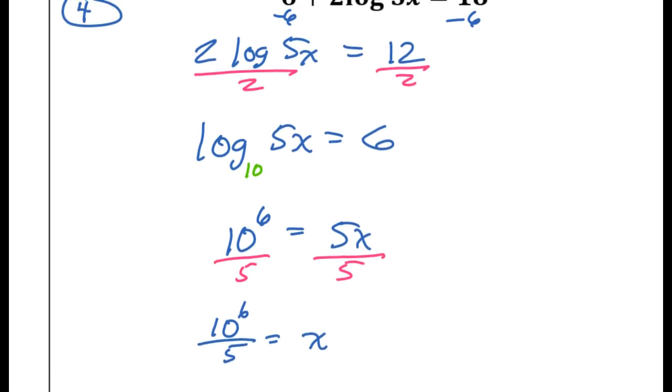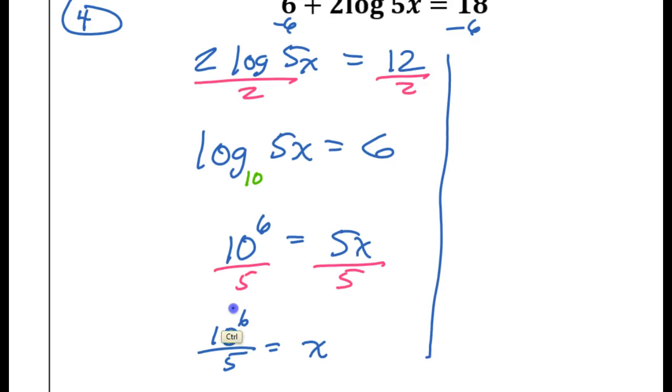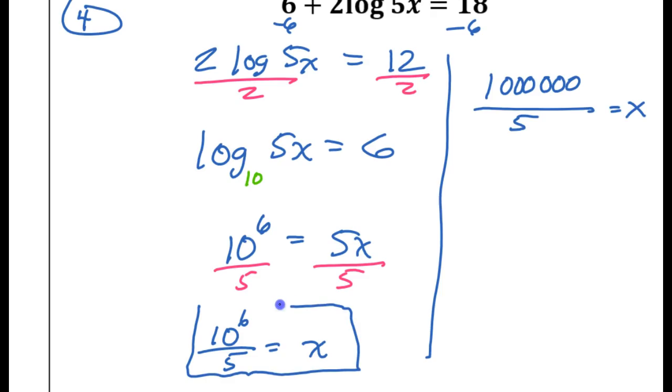But understand this, 10 to a power: the 6 tells me how many zeros there will be. 1, 2, 3, 4, 5, 6 zeros. I would have accepted this as your answer, but for this particular problem, it wouldn't be hard with a 4-function calculator to go on and get the answer. So what is a million divided by 5? 200,000.